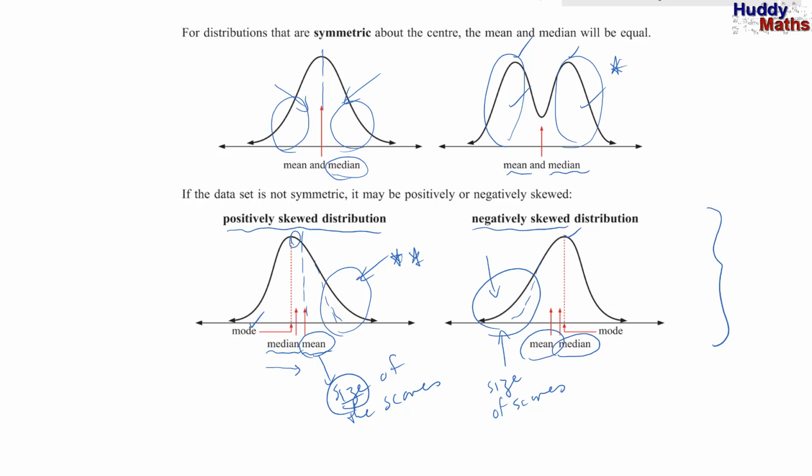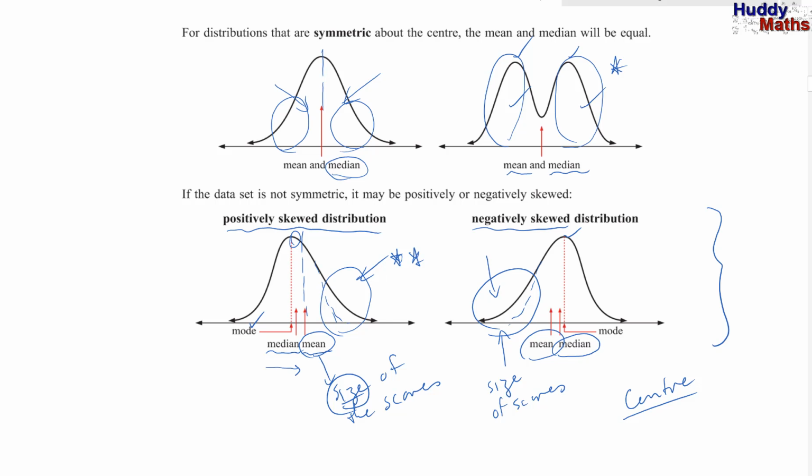So what would be, in your mind, the better way of describing to people what's going on there? If you were to quote just one value for the centre, to give somebody an idea of the middle score, say when they're buying houses in a region, what would be your indication here?